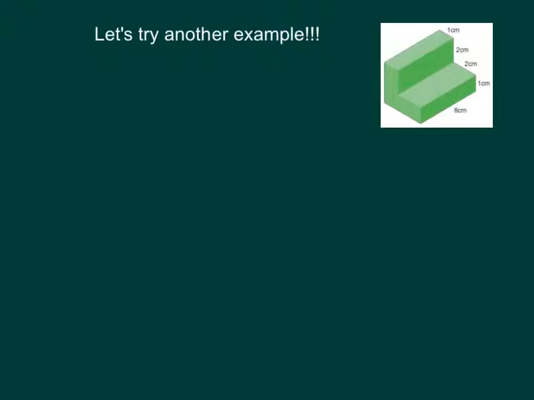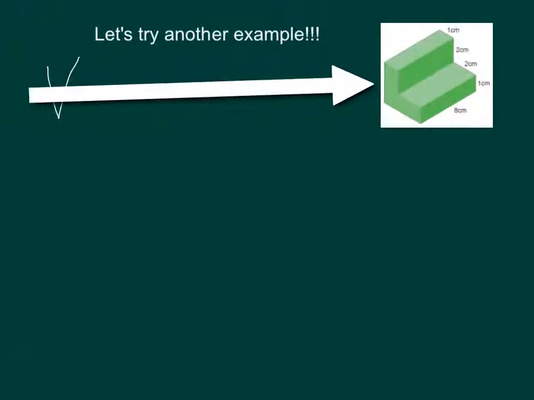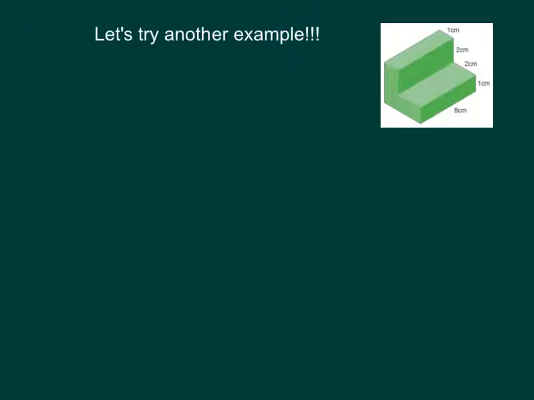Let's work out the volume of this prism. Just like before, we're going to be looking at the area of this cross-section, and then we're going to multiply that by the height.